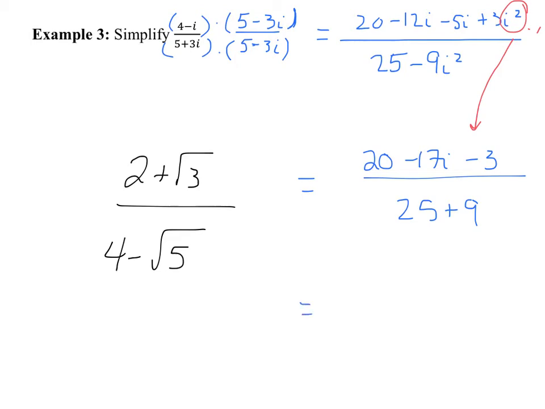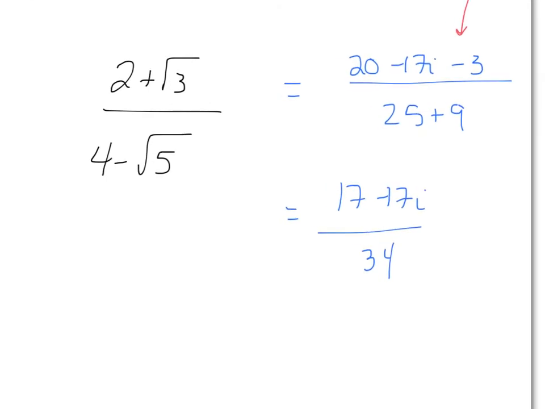So I'm going to have 17 minus 17i over 34. What's 17 minus 17i over 34 going to yield? 1 minus i over 2. You said something else. 1 minus i over 2.